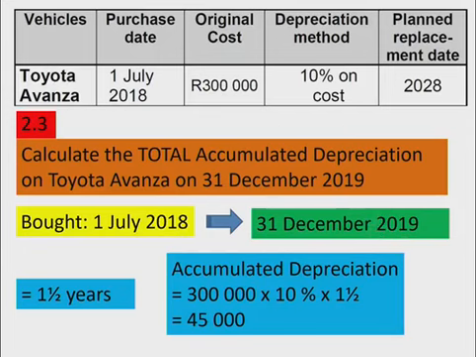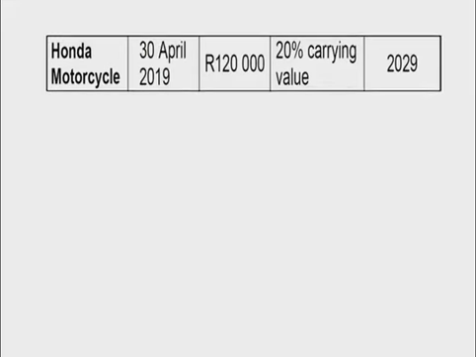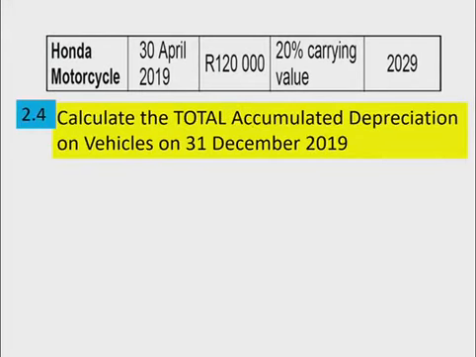Okay, let's just see if there's anything. While we're looking for that. Okay, what's happening with the Honda motorcycle? They've got 20% on the carrying value. And it says, calculate the total accumulated depreciation on vehicles on the 31st of December.